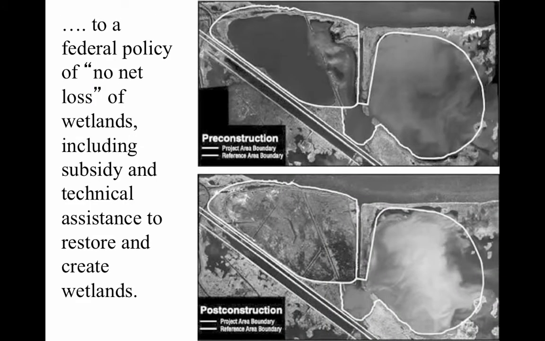But attitudes have changed. Now the federal policy is no net loss of wetlands, including subsidy and technical assistance to restore and create wetlands. The government does recognize that sometimes there's land that might be more valuable if it's developed, but if you develop wetlands, you have to go somewhere else, buy a piece of property, and convert not wetlands into wetlands so that there's no net loss.